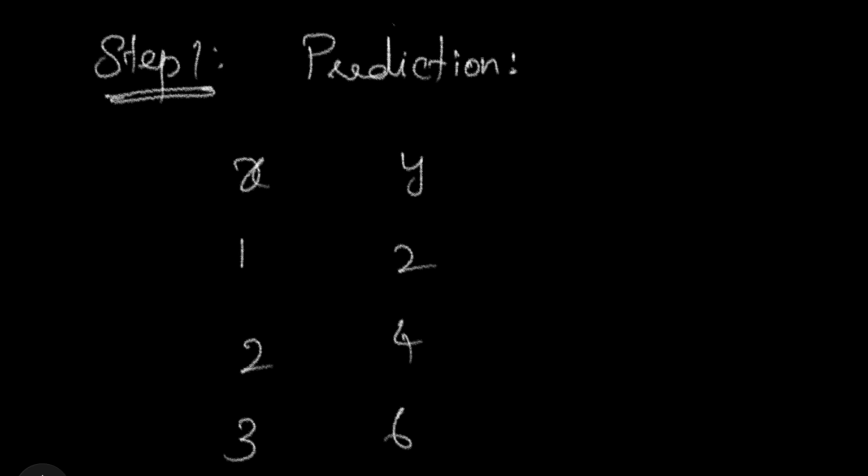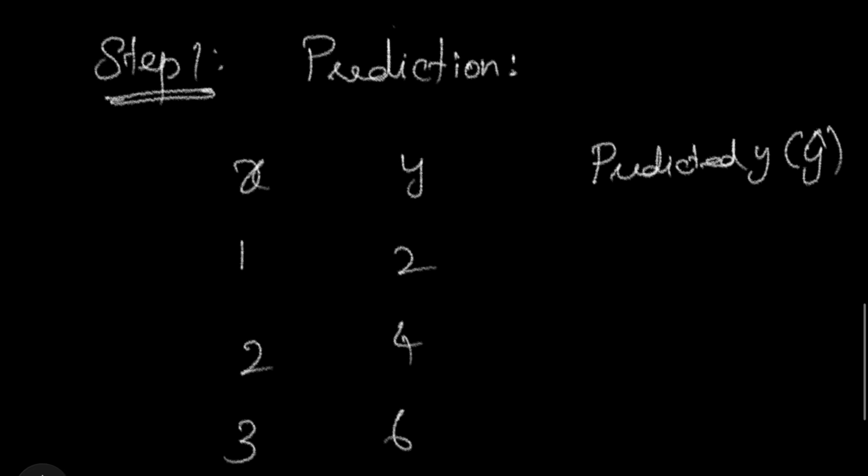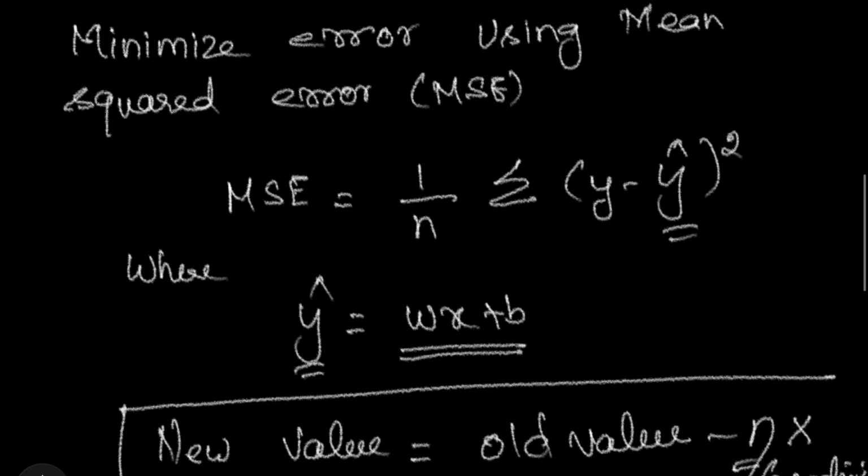This is the actual y. Now we will go with the predicted y. The formula used for calculating this predicted value is Wx plus b. You can directly apply the values there and find the final value of the predicted y.